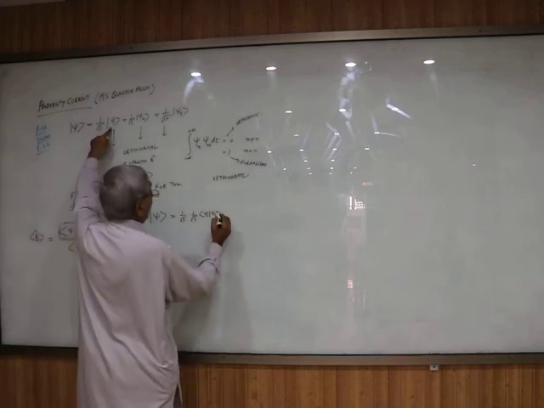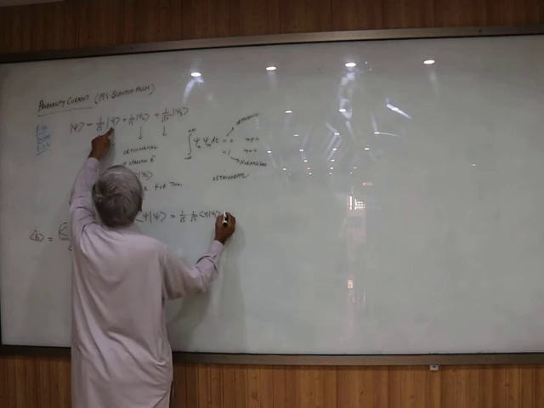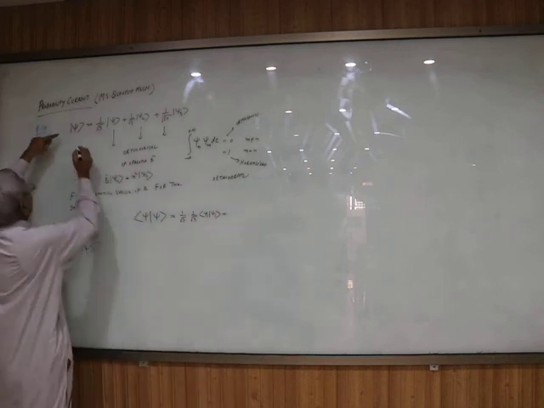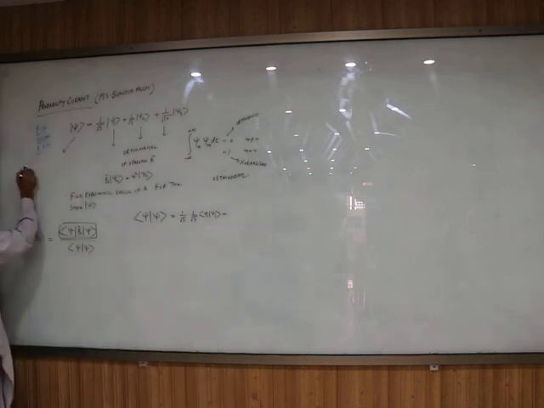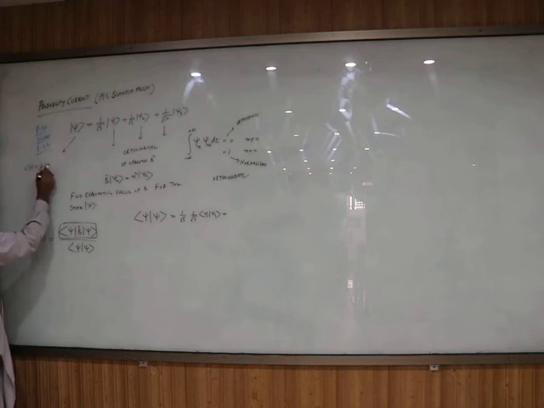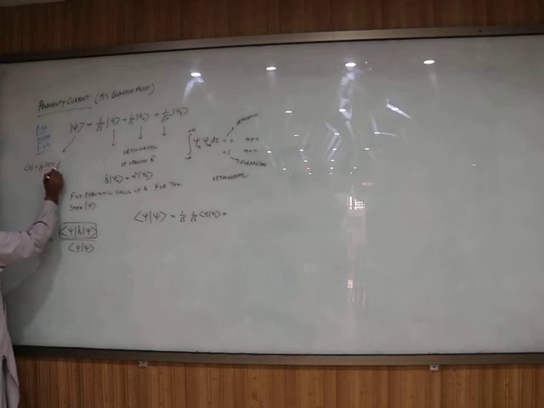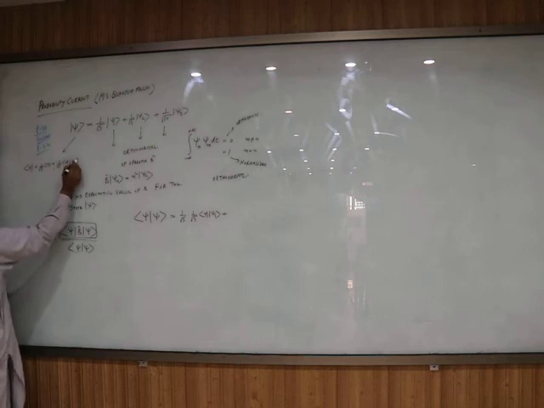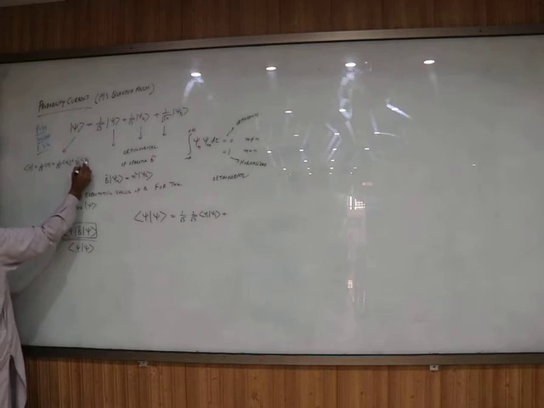If you write its complex conjugate, psi will be equal to 1 over square root of 3 psi 1 plus 1 over square root of 3 psi 2 plus 1 over square root of 10 psi 3.